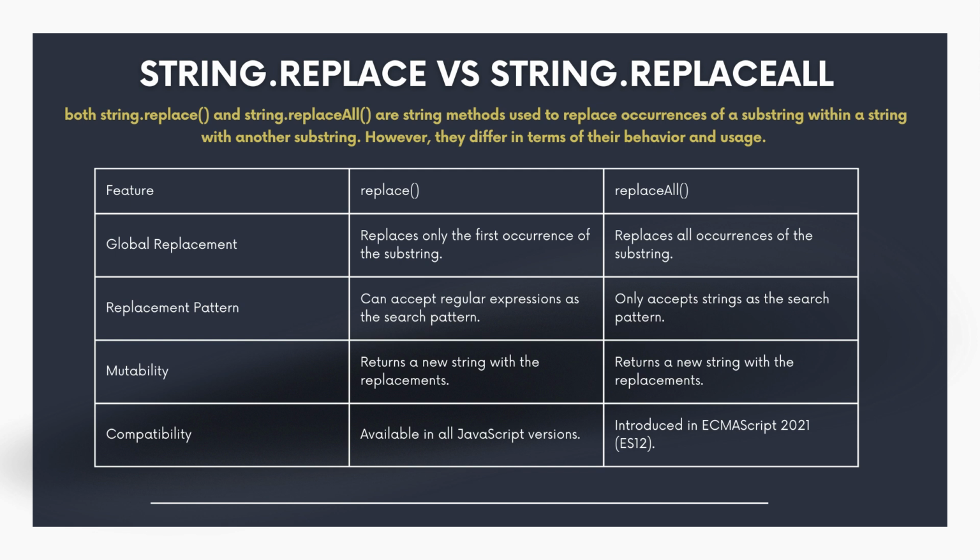For example, you have the string I love India, and you want to replace only I from the string. If you do string dot replace, it will replace the first one only. And replace all means it will replace all I in the string. You can check that. This is the common use of it.